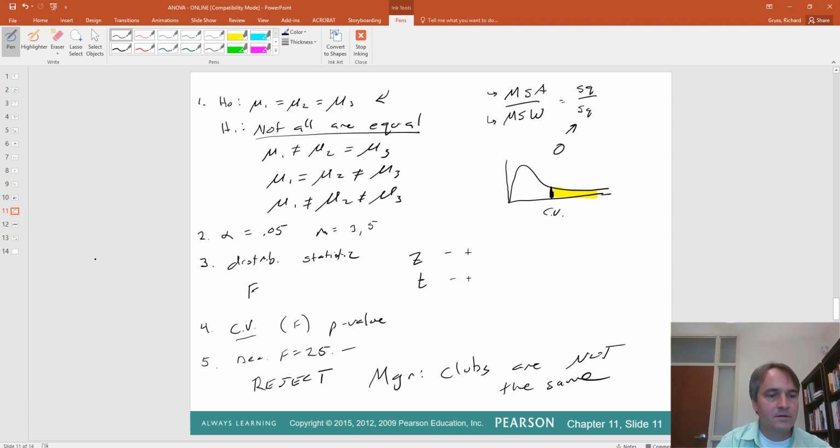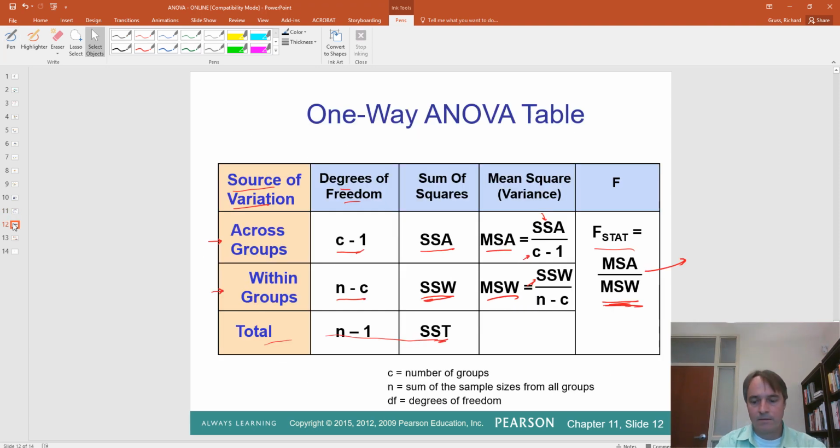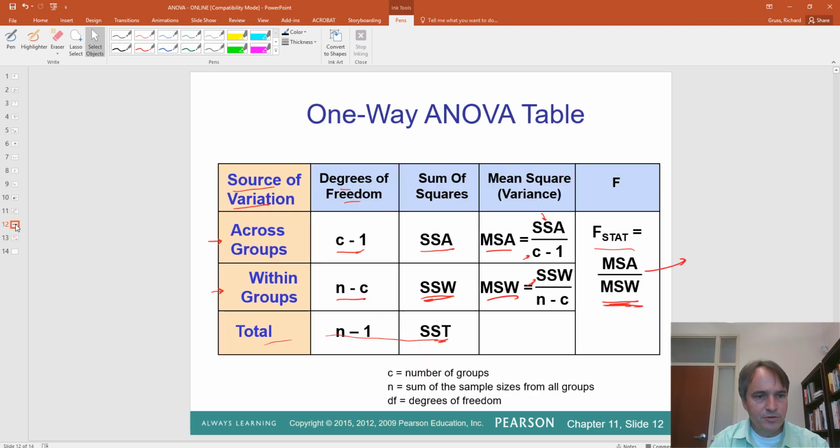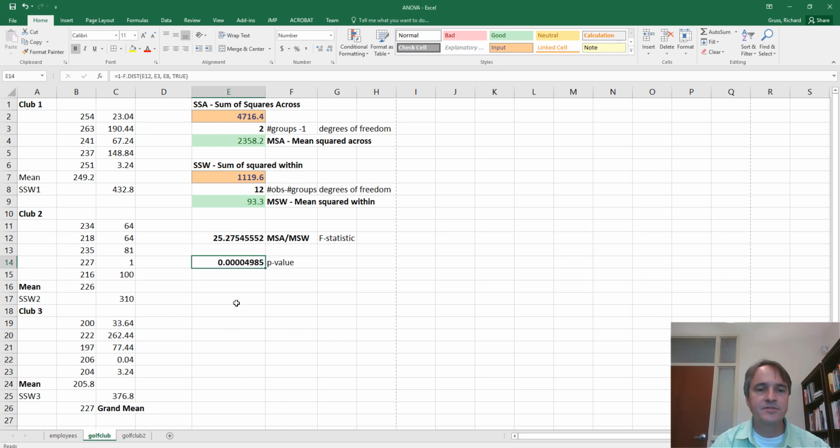As I said, I bring you through these exercises in calculating things by hand so that it becomes clear where these various numbers on the Excel output come from. But as you can guess, there is a shorter way of doing this.